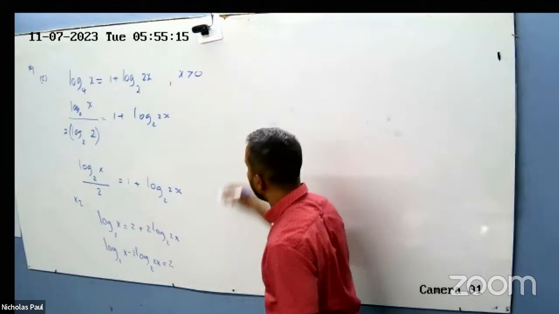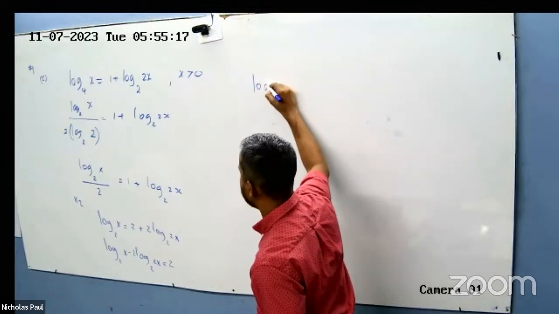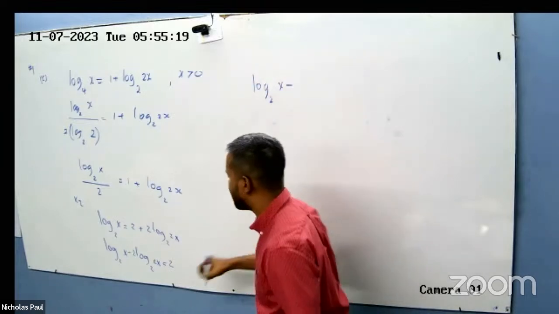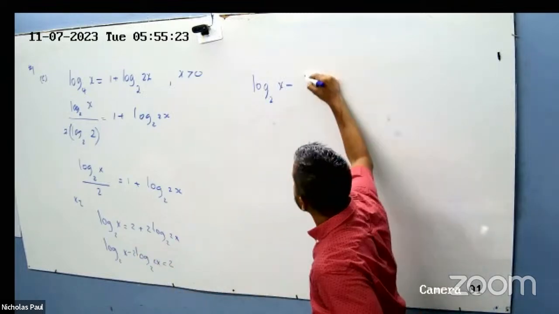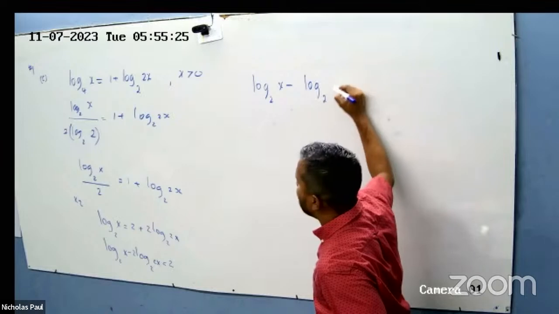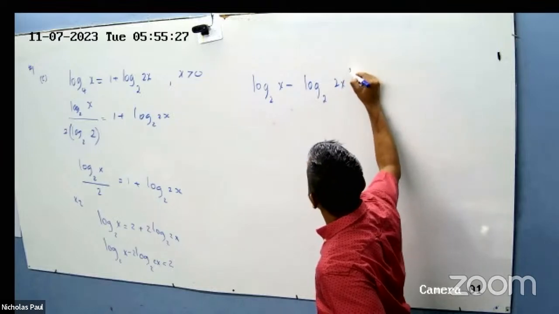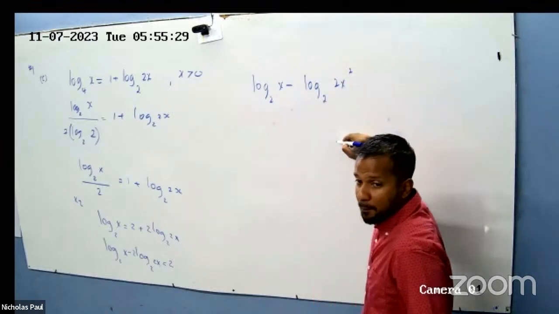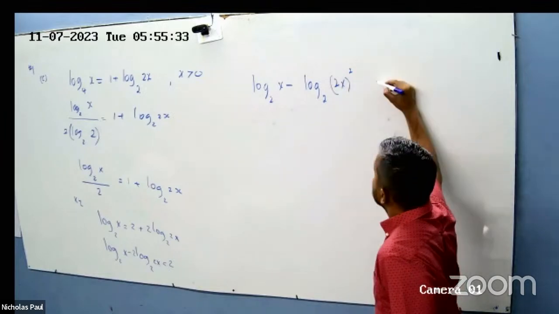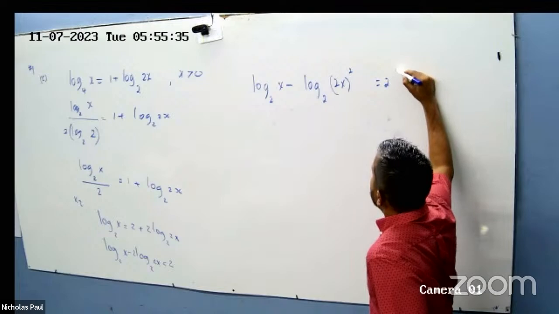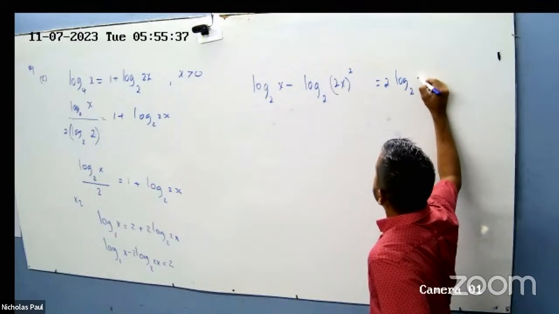So now we have log to the base 2 of x minus this 2 becomes power, but a common mistake is that when you put the power, you just put 2x squared. But remember, it's the power of the 2 and the x. Is equal to 2, and you can write log 2 here.